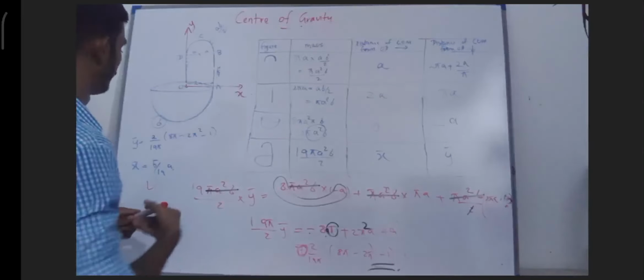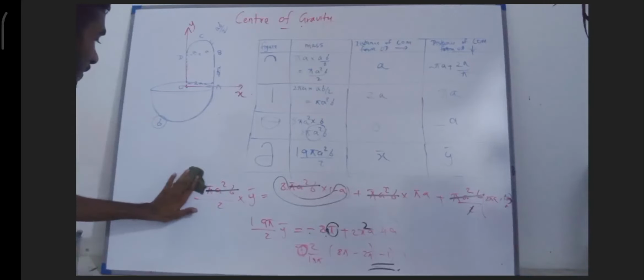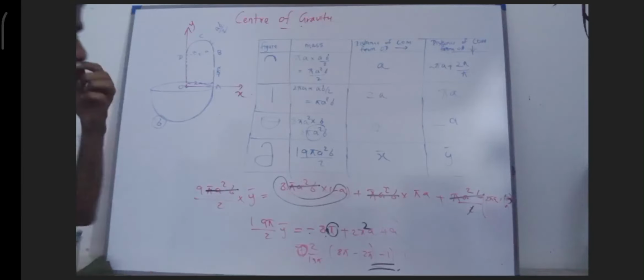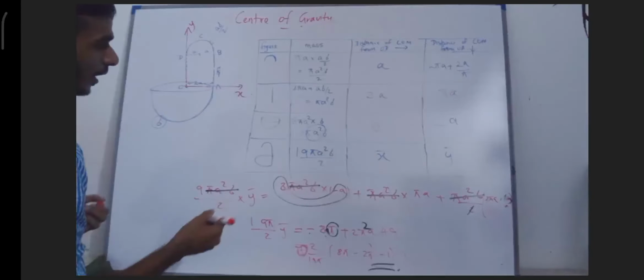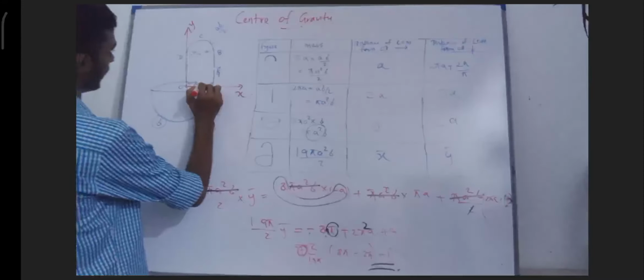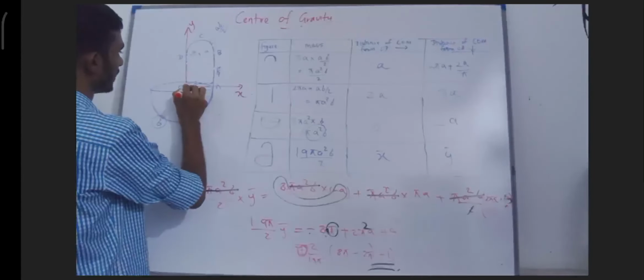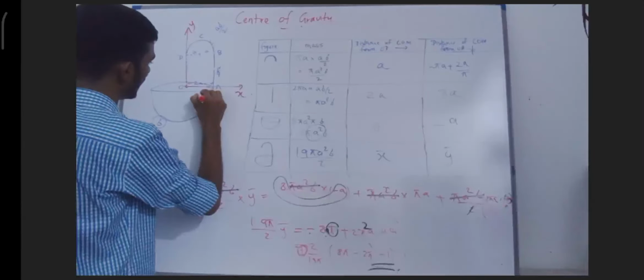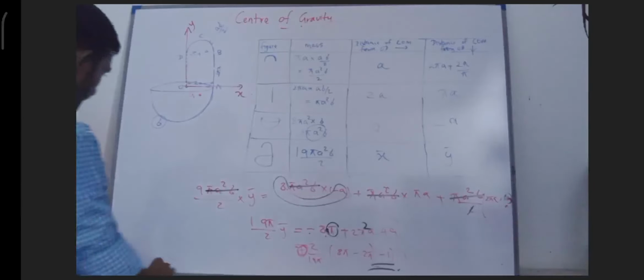So they are telling mu. Let me erase all these things. Where is the position of the center of gravity? I obtained from OD that it is 5 by 9. Positive means in this direction, and let's say that is here. So this point is G.